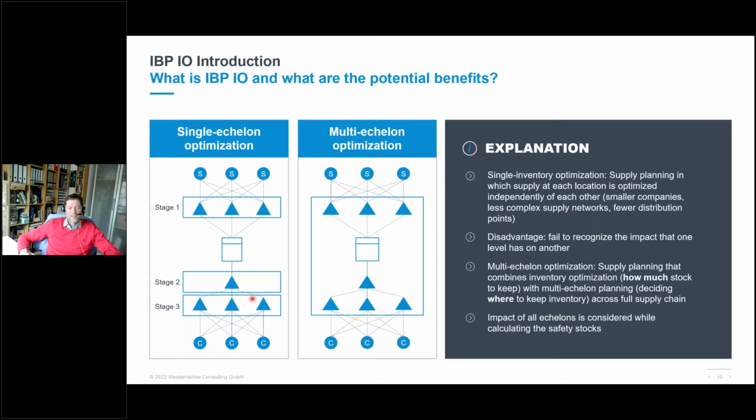And that is what multi-echelon optimization really can do. So in multi-echelon optimization, the impact of all echelons is considered during the calculation. And it is not calculating only how much stock we should keep in the network.